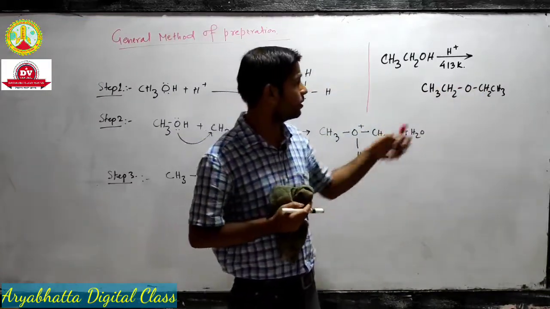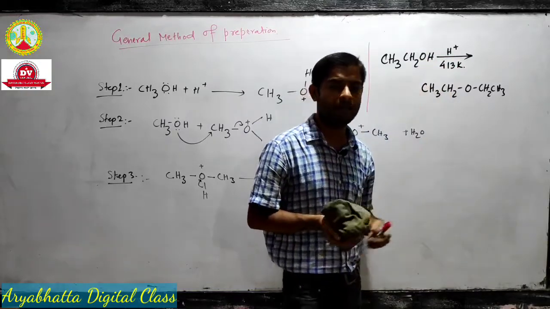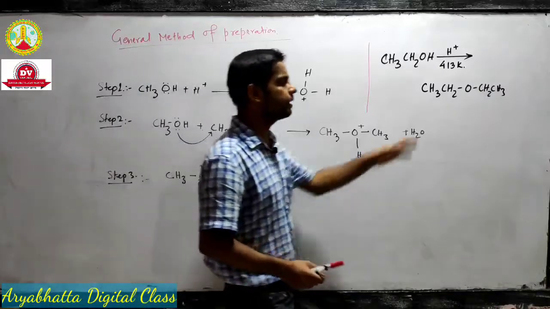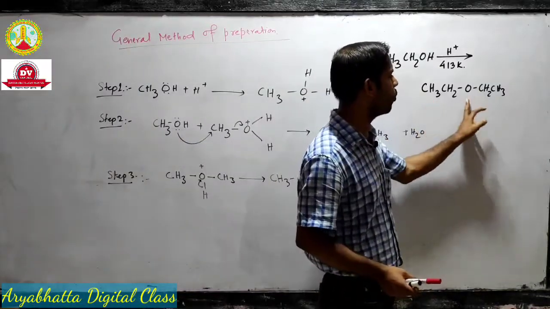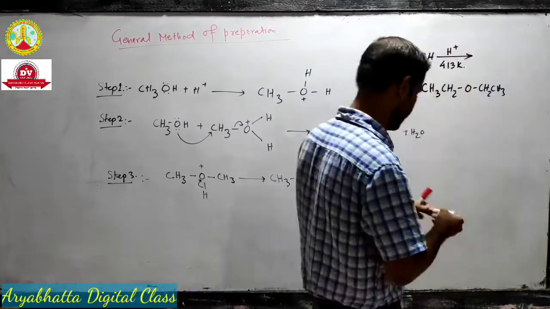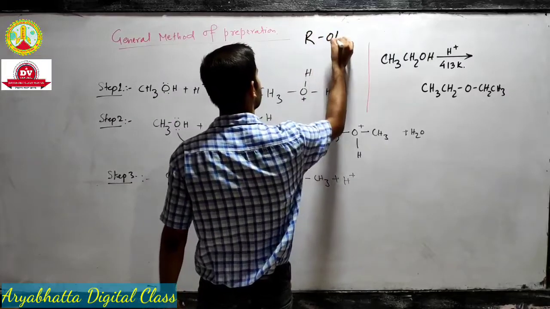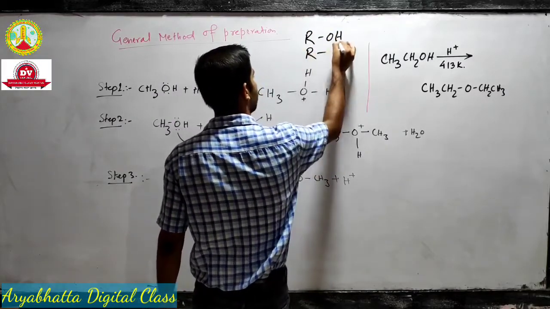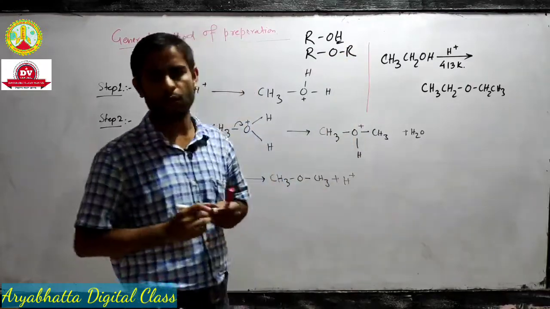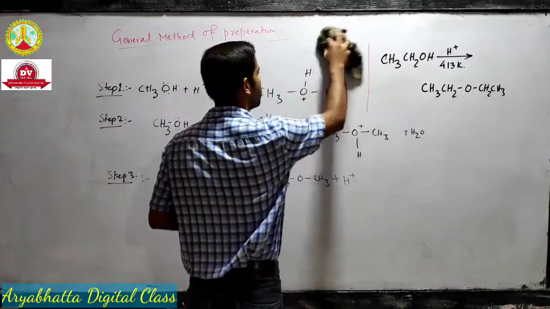Just by reducing the temperature to somewhere around 140 degrees centigrade, we get another product. We get an ether, ROR. Since alcohol was ROH, when the H is replaced by another R, this is our ether. So we get an ether instead of an alkene.